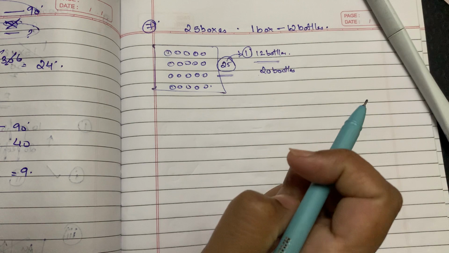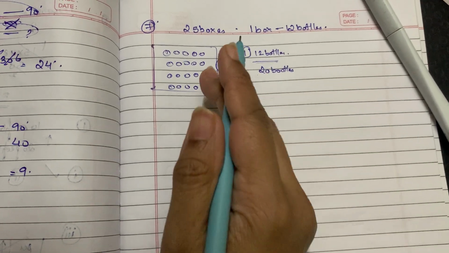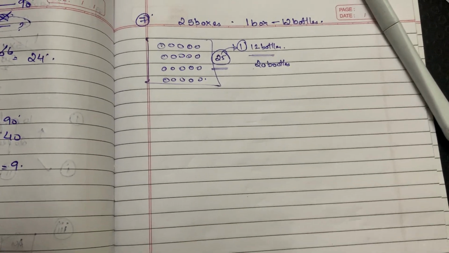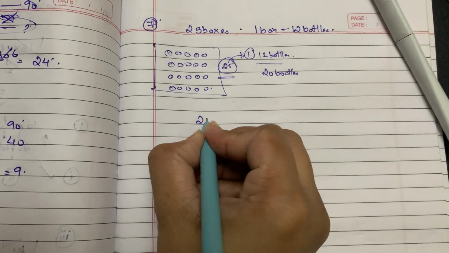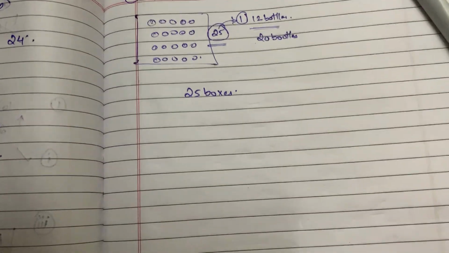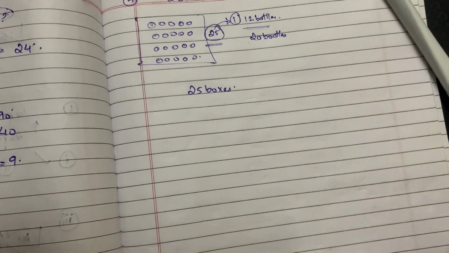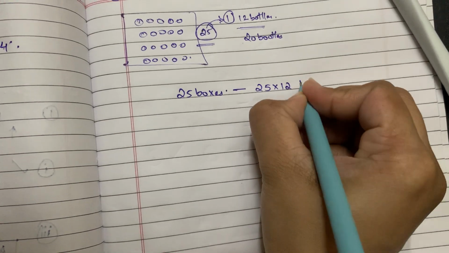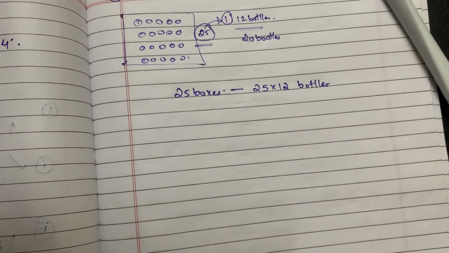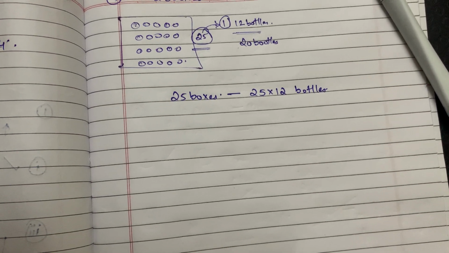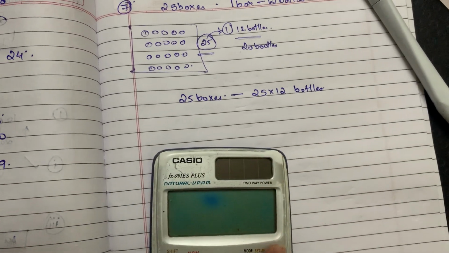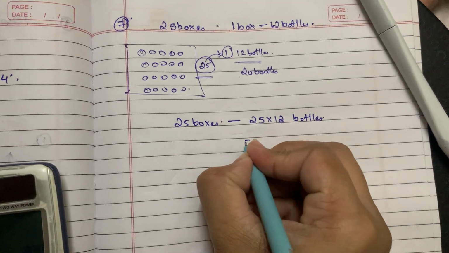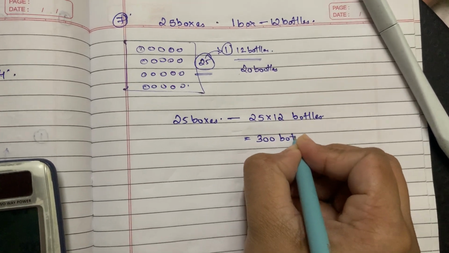So first of all we need to find out the number of bottles in 25 boxes, because that will tell me how many boxes are needed for 20 bottles each. 25 boxes, and 25 times 12 will be the total bottles I will have. 25 times 12 is going to be 300 bottles. 300 bottles are there in all.